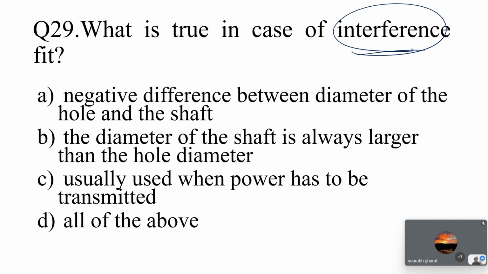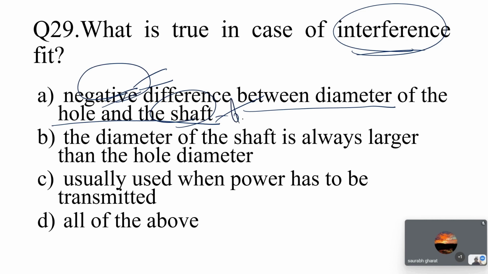If you see all the options, the negative difference between the diameter of the hole and the shaft is correct. There is a negative difference between the diameter of the hole and the shaft. Negative means the shaft is bigger than your hole.